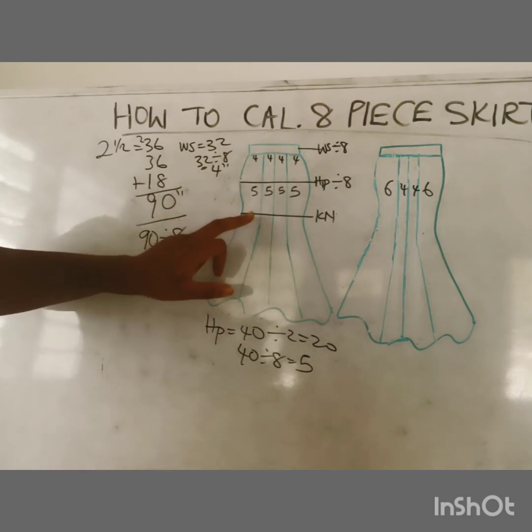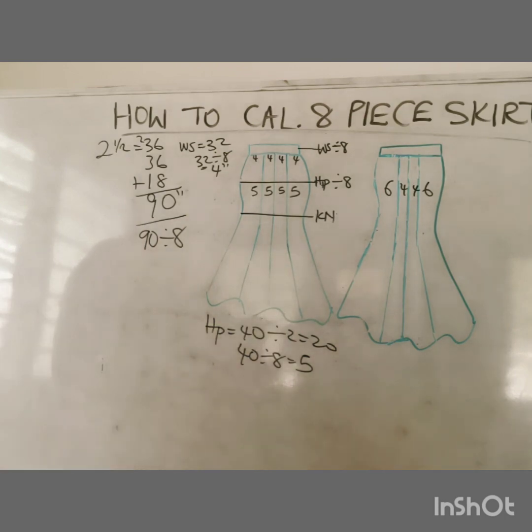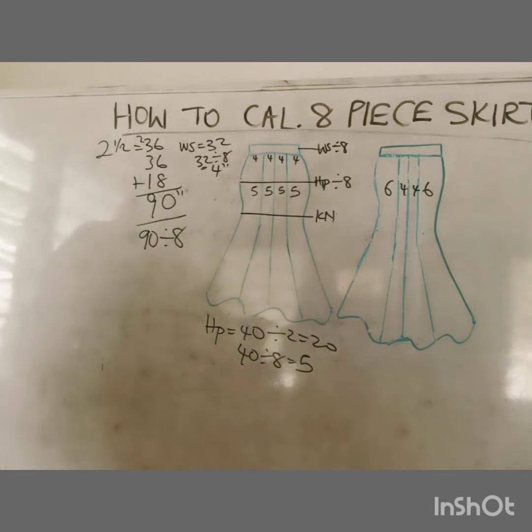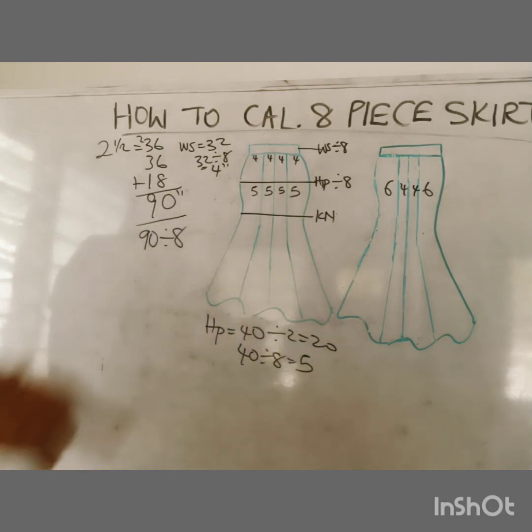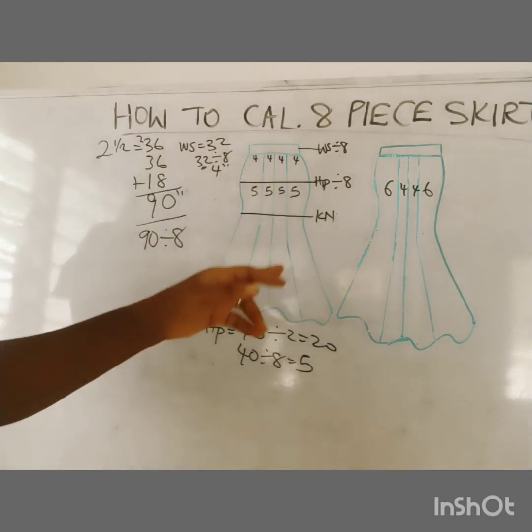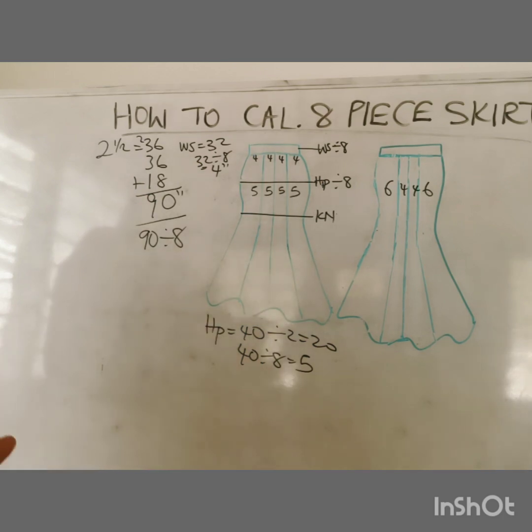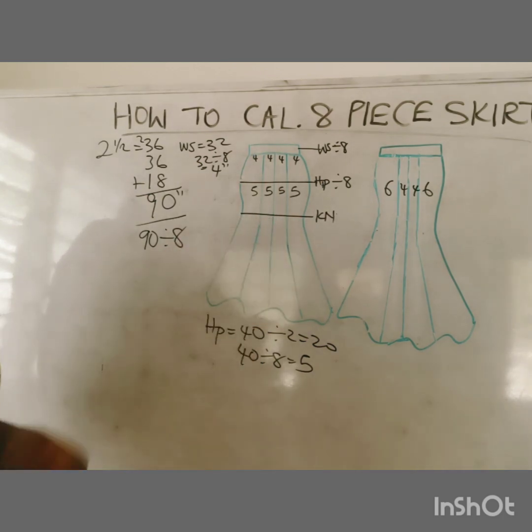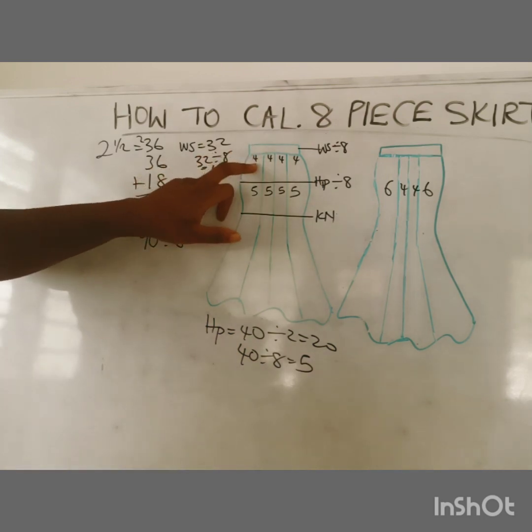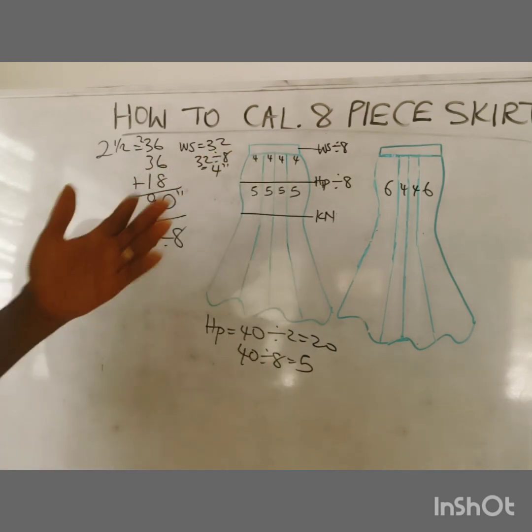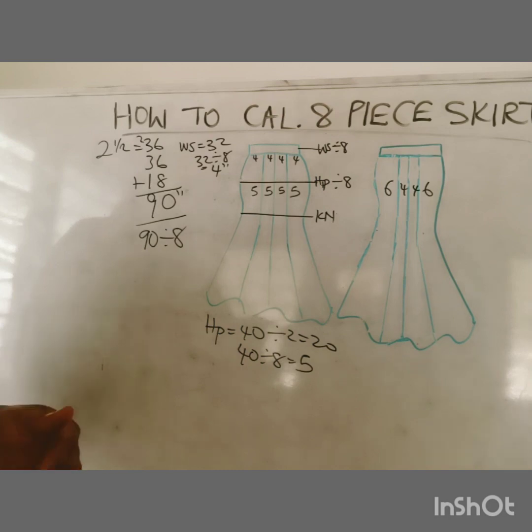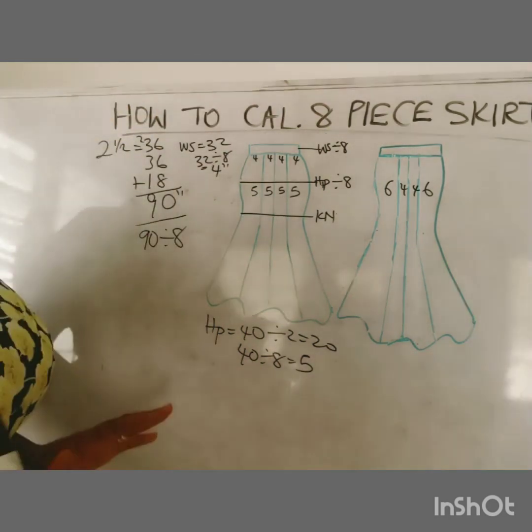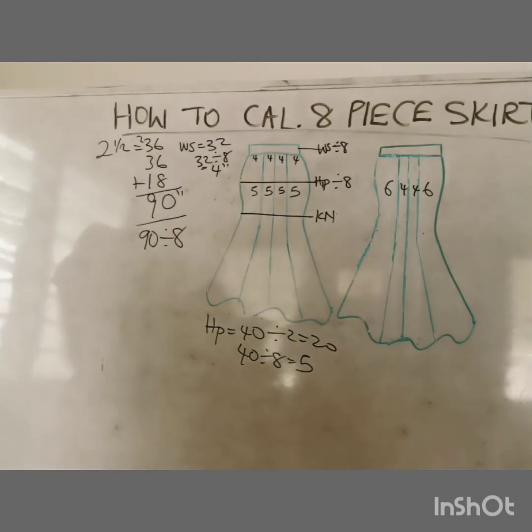That means you use 4, 4, 4, 4, or you subtract 1.5 inches from the hip, because this is going to be on fold. I remember you also need seam allowance to join this, so preferably you can just make use of the 4, 4, 4, 4, and then when you are doing your final shaping at the end, you can shape it the way that you want it.